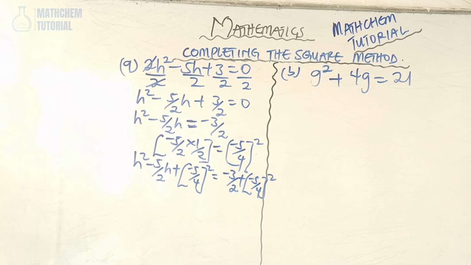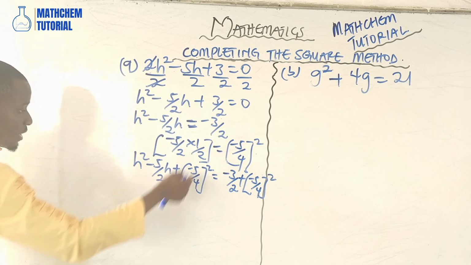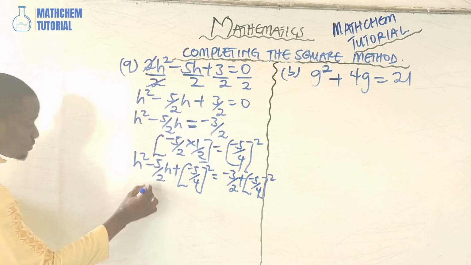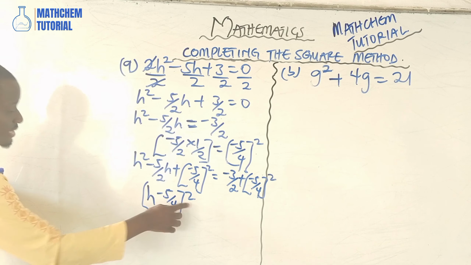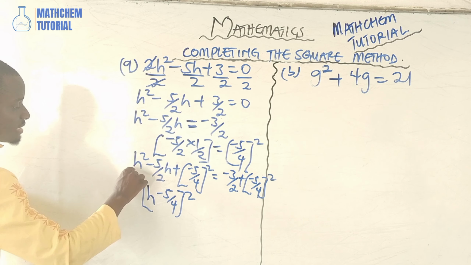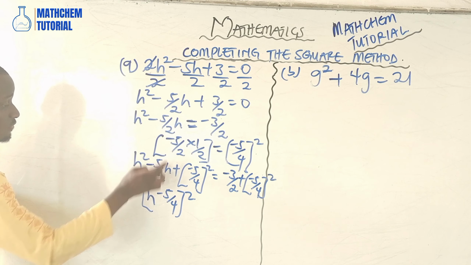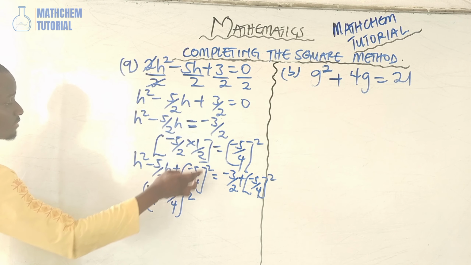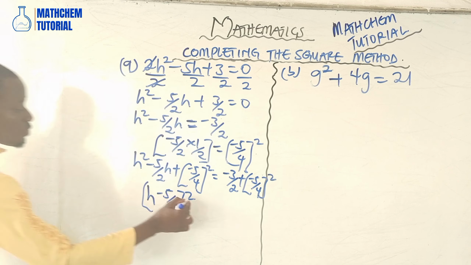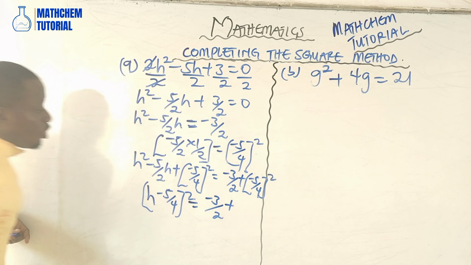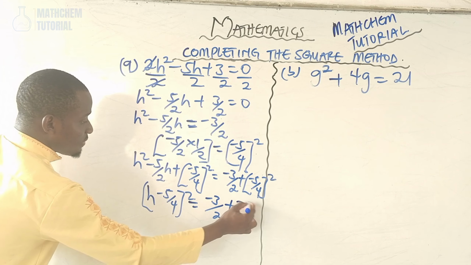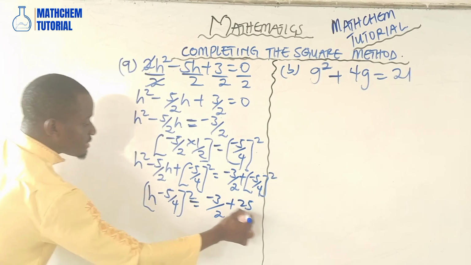Now, having this expression like this, what do we do next? Remember, this h is half squared, and this -5/4 is also half squared. So bring it together, which is going to be (h - 5/4)². If you expand it, you get h² - (5/2)h + (-5/4)². So that equals -3/2 plus the square of -5, which is 25, and the square of 4 is 16.